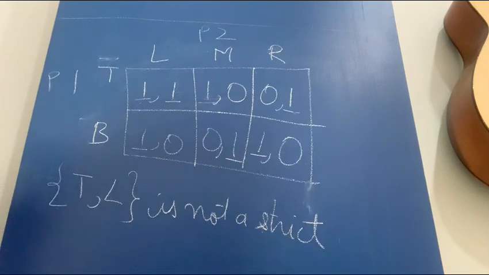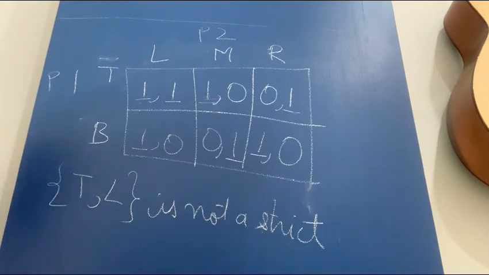So if we are defining a strict Nash, an equilibrium is said to be strict if each player's equilibrium action is strictly better than all of her other actions, given what the other players' actions are.